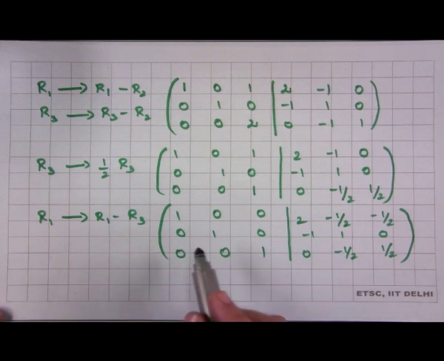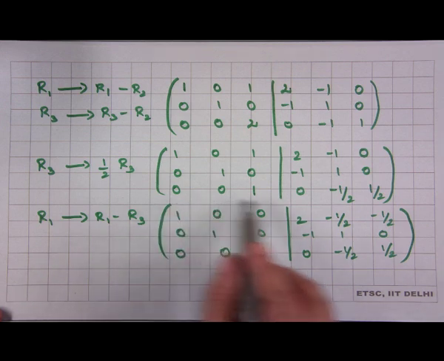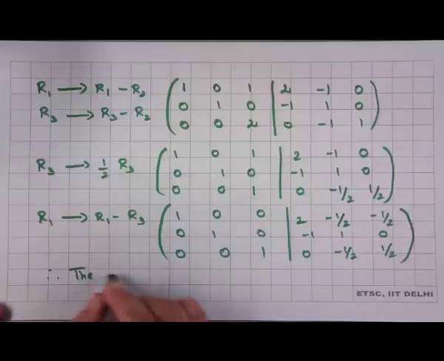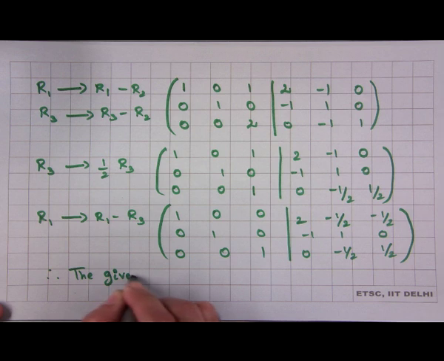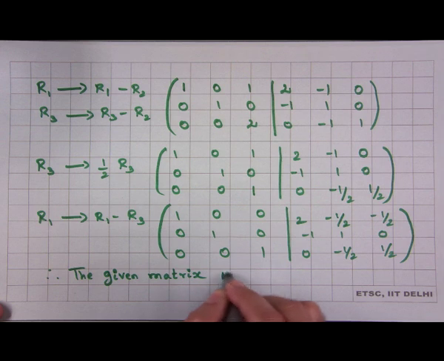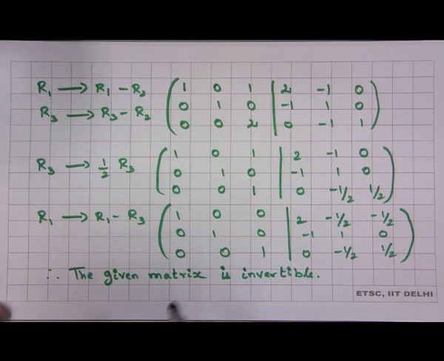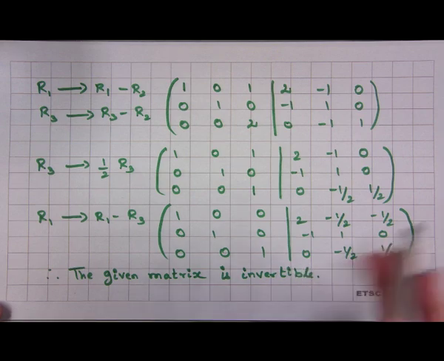Thus, what we have obtained is the identity matrix, which is the row reduced echelon matrix of the given matrix A, and therefore the given matrix is invertible. Once you know that it is invertible, the matrix that you have obtained on the right hand side is the inverse of this.